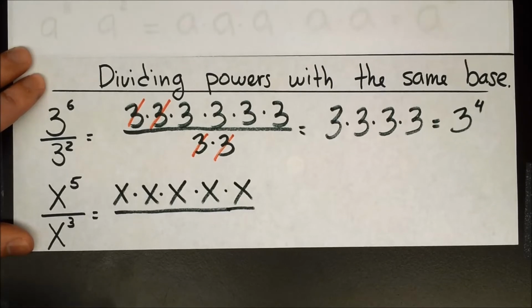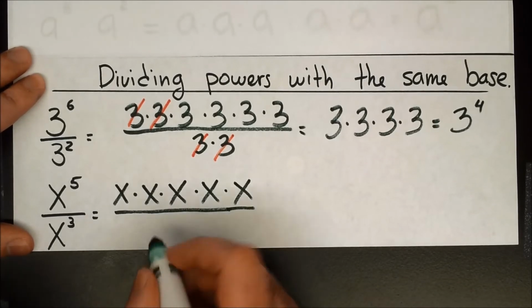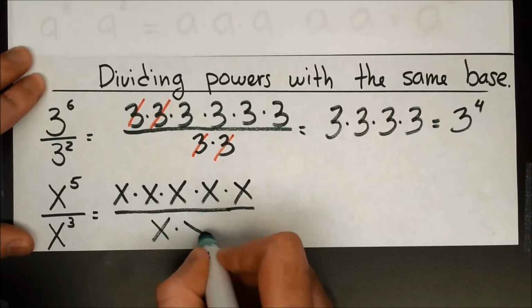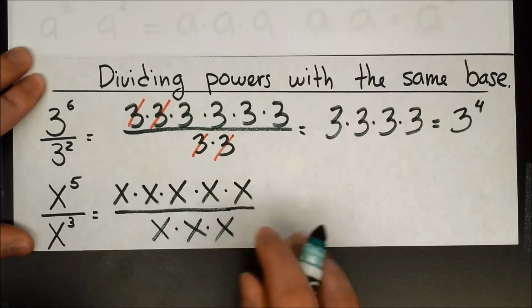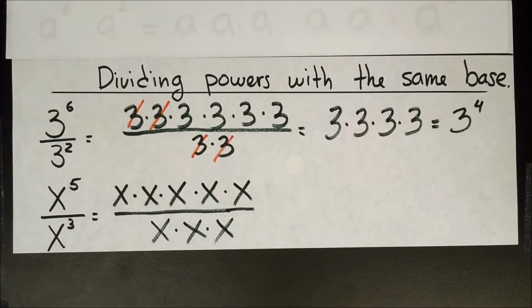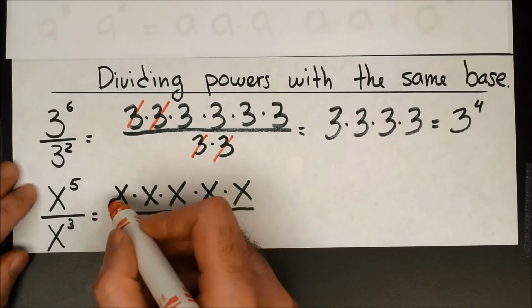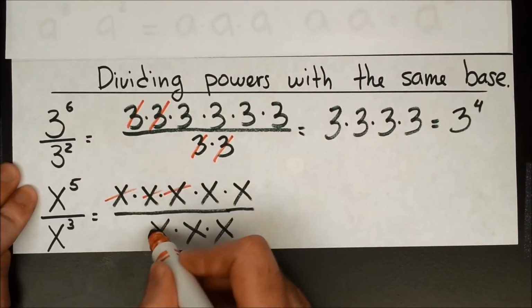If you said take x and multiply it against itself 3 times, you're also correct. And now, I can cancel the same variable from top and bottom, can't I? Gone, gone, gone with these 3.